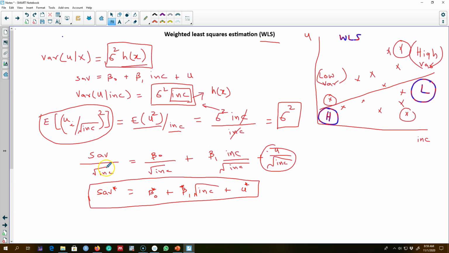So this is exactly what we are doing here: by dividing our model by the source of the heteroscedasticity, we are assigning different weights across different observations. This way, we are transforming our model, and then we are estimating beta 0 star and beta 1 star in this case rather than beta 0 and beta 1.